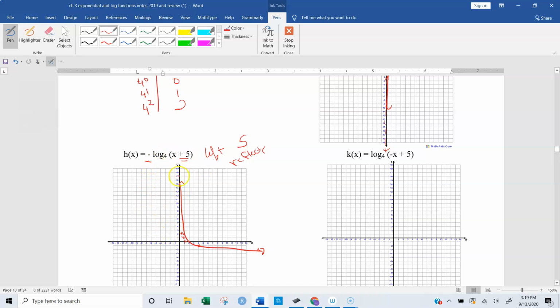So let's go to 5. Draw in your asymptote. And then these are very close to the asymptote at 1. Then we go 4, we go 1, 2, 3, 4, 5. 16 is going to be at 11. And there is your reflection and your transformation.